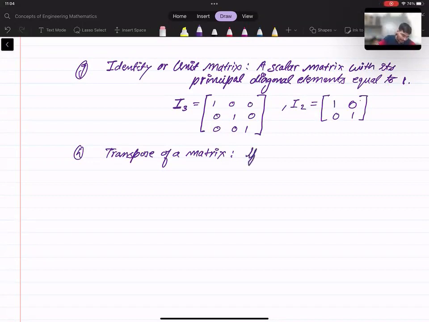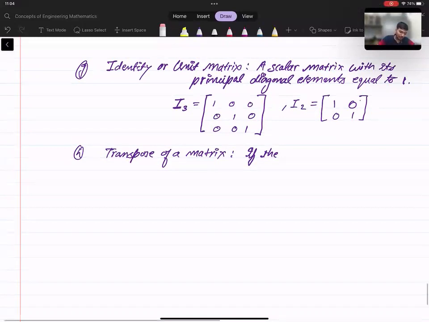Transpose can be done for any matrix, even a non-square matrix, but in that case the operations of determinant etc. will not be applicable. Only transpose can be done.